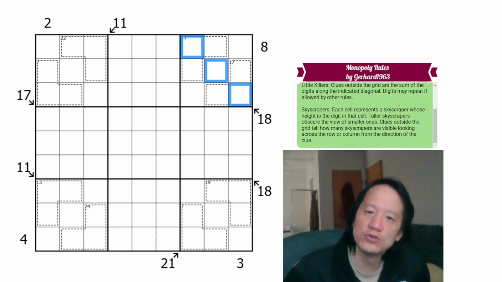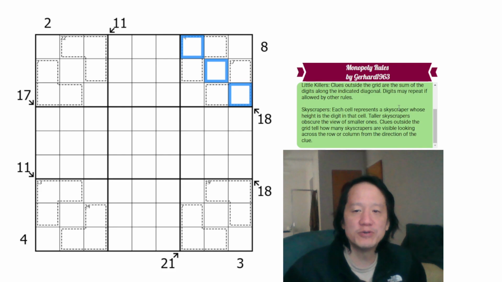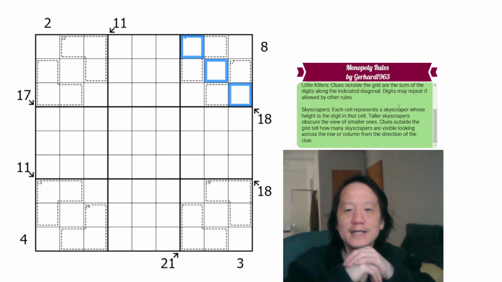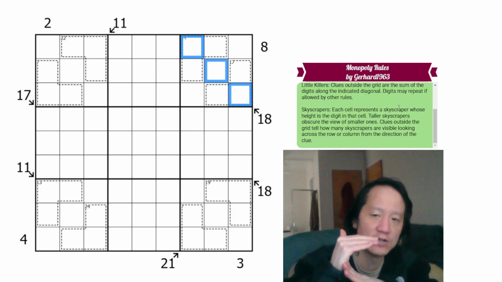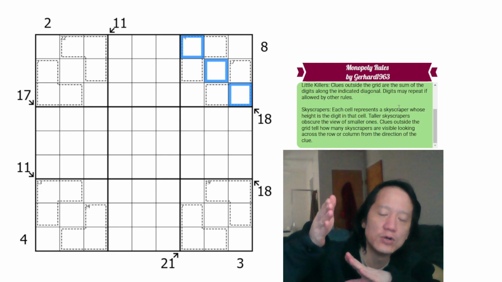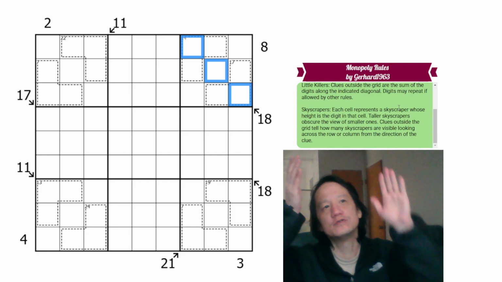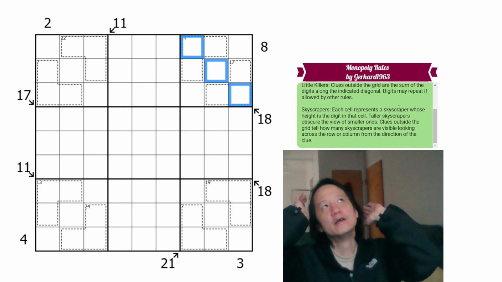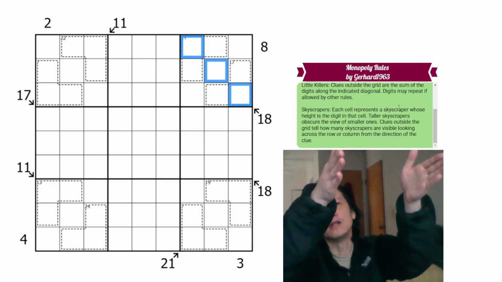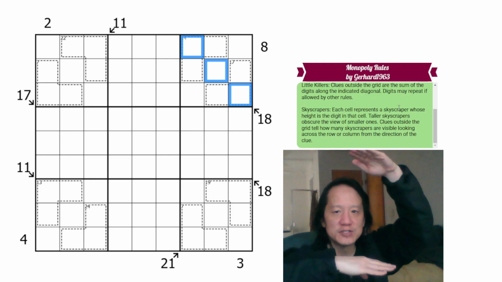Finally, the last rule is skyscrapers. Each cell represents a skyscraper whose height is the digit in that cell. Taller skyscrapers obscure the view of smaller ones. Like if you were viewing a host of skyscrapers along a line, each digit is the height of the skyscraper.